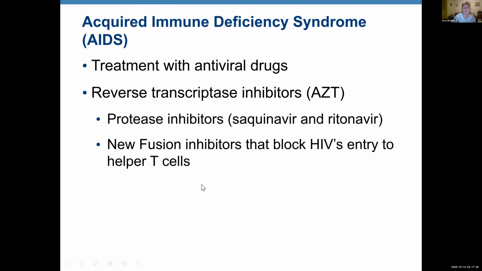So we have huge progress in this now, right? We cannot kill this HIV virus, but we really can suppress it so much that people can pretty much live a normal life now. But we cannot kill the virus.